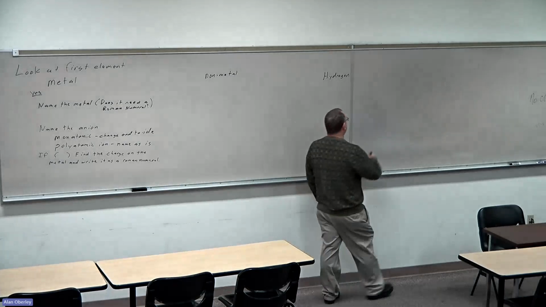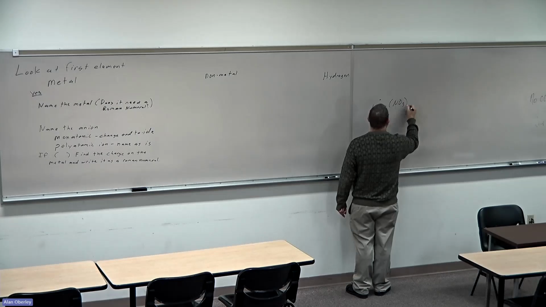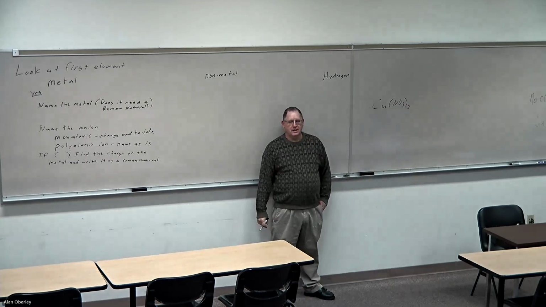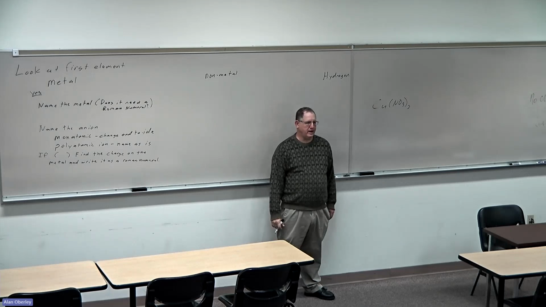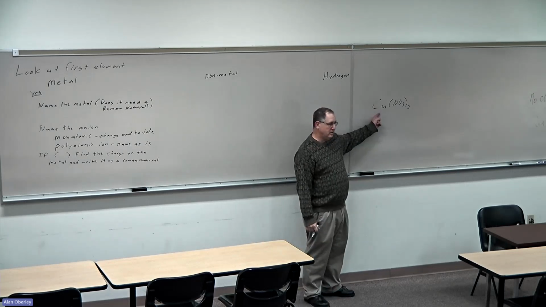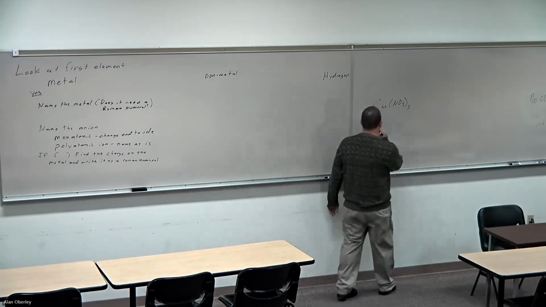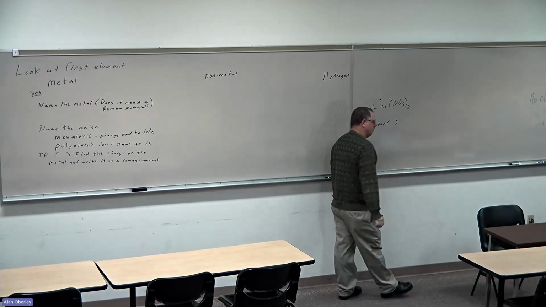For example, I would have Cu2 and O3 with nitrate. So if I'm looking at this, the first thing I'm going to do is find Cu. It's in the middle of the periodic table, so that's copper. And copper does need a Roman numeral.